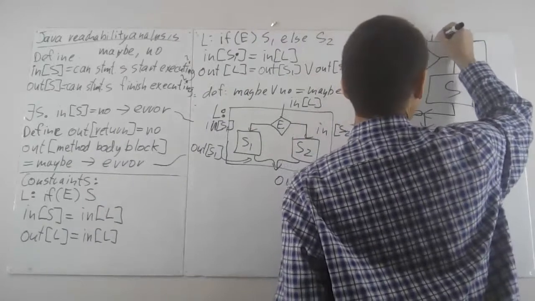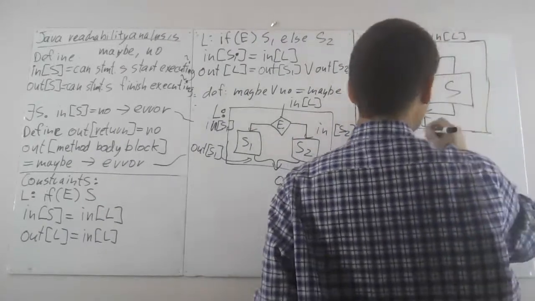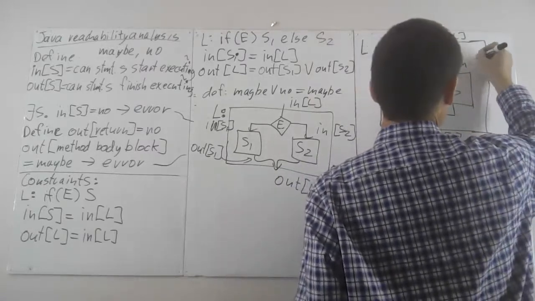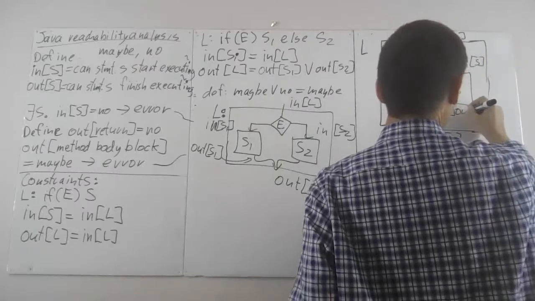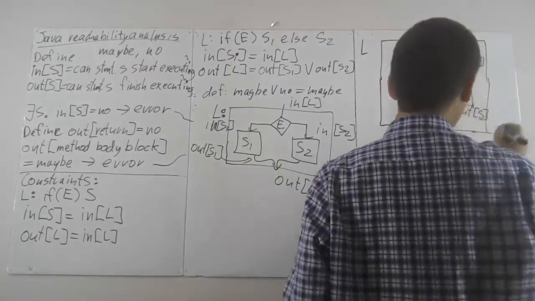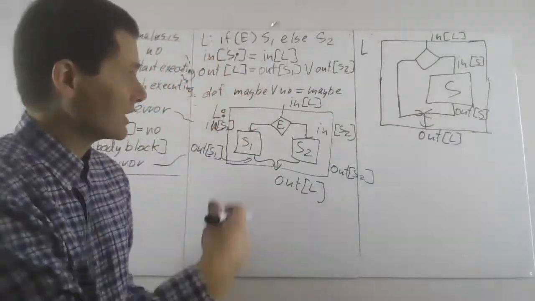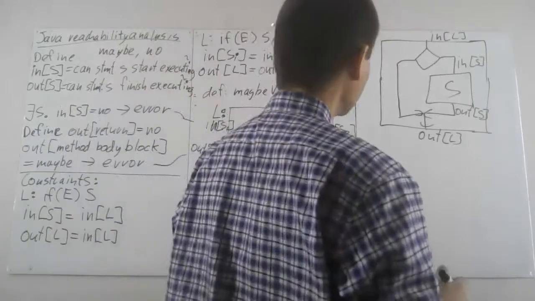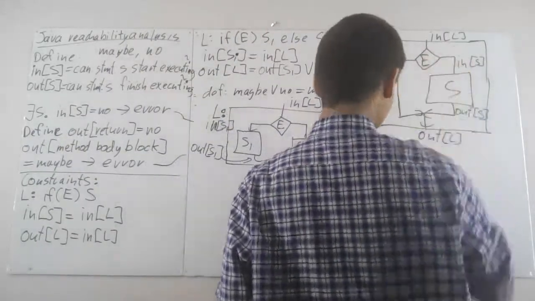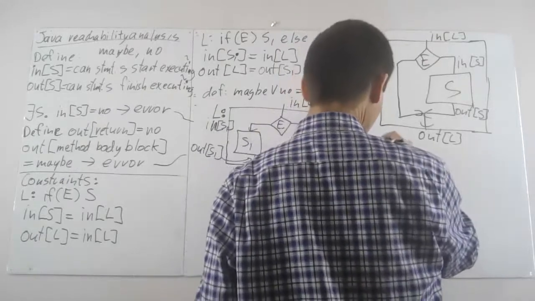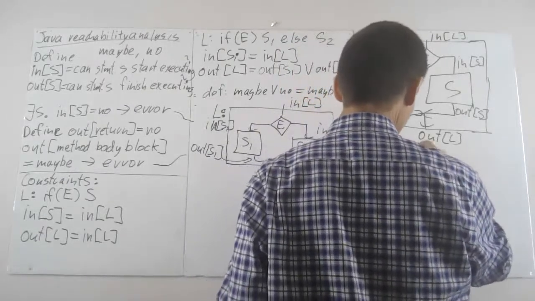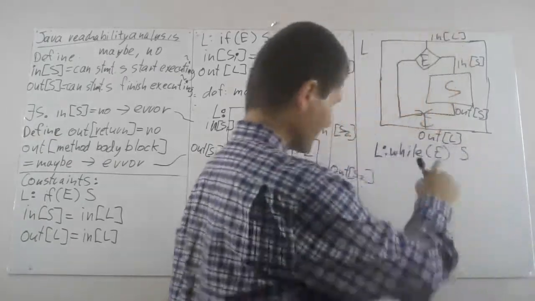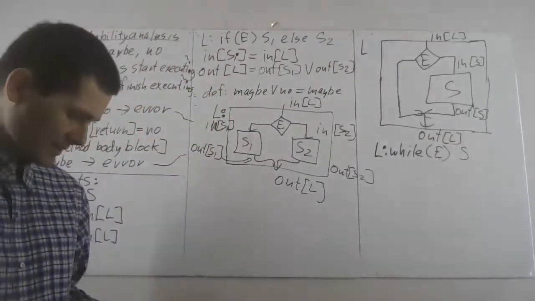Then I can label this with in of L and out of L and in of S and out of S. Now I can pretty much make up the equations from this flow chart. So I've got a while loop, while expression, then loop in the statement S here.